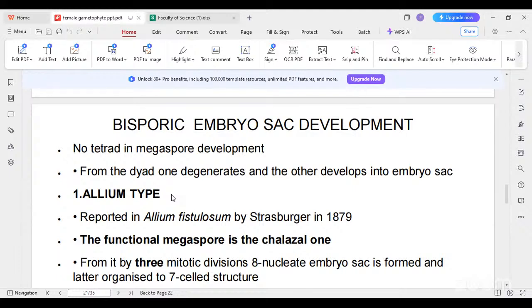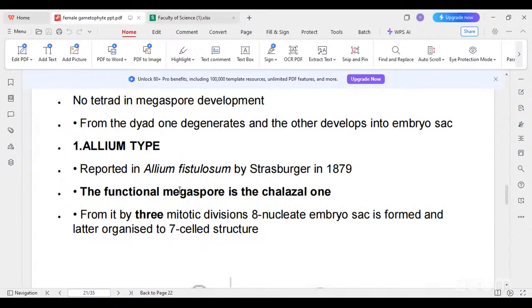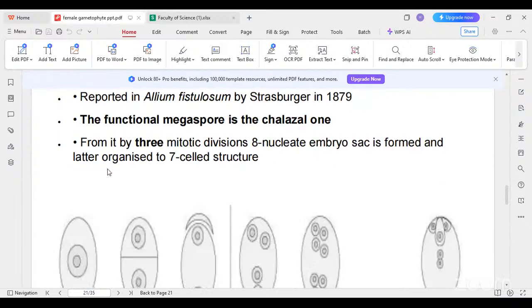It proceeds by three mitotic divisions. You can observe here that three mitotic divisions are present. An 8-nucleate embryo sac is formed and later organized into a seven-cell structure.